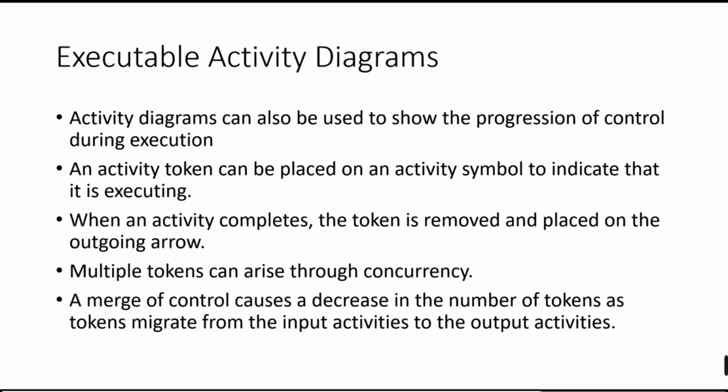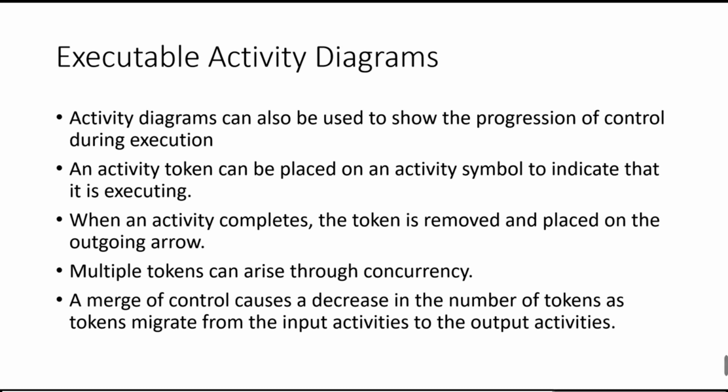An activity diagram can also be used to show the progress of control during execution. It means an activity token can be placed on an activity symbol to indicate that it is executing. And when the activity finishes, the token is removed and placed on the outgoing arrow, then goes to the following activities.